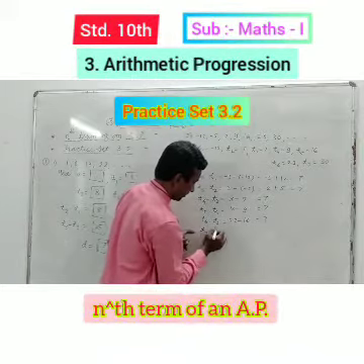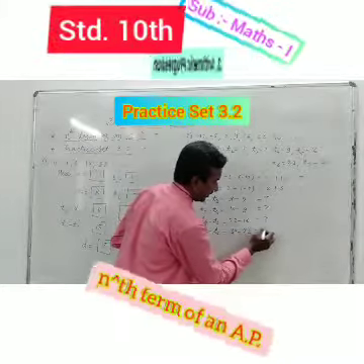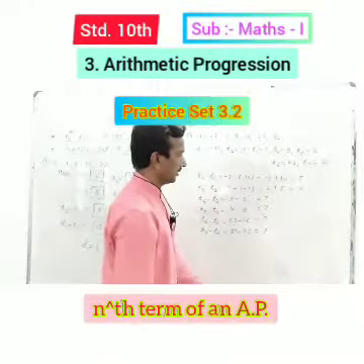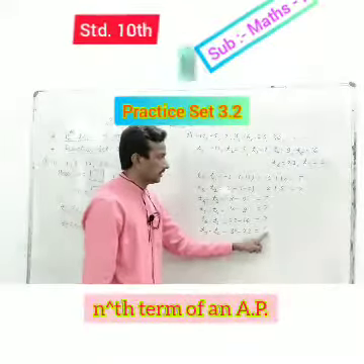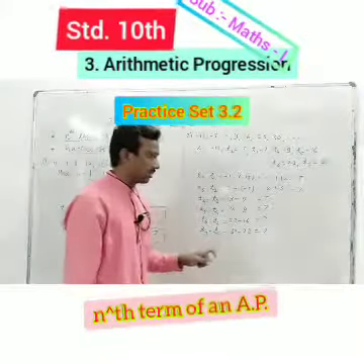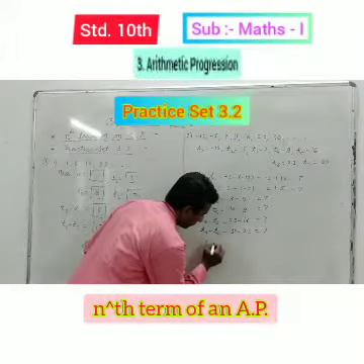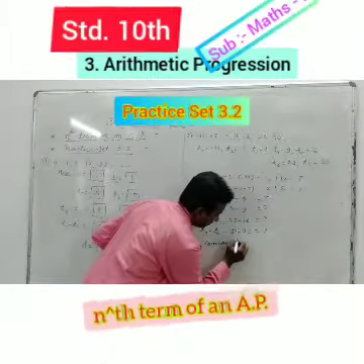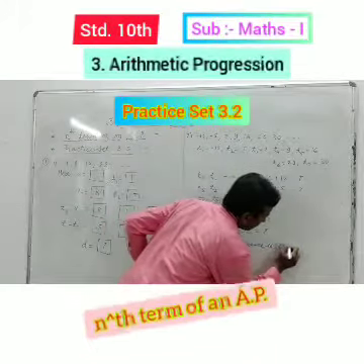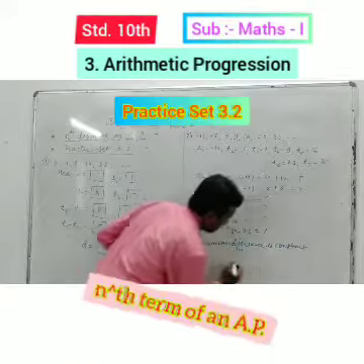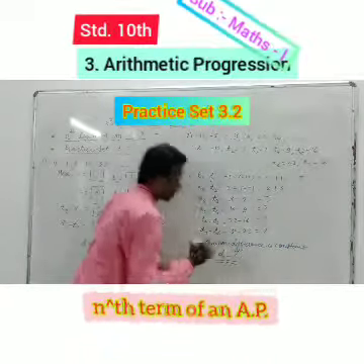And T7 minus T6 is 30 minus 23, also 7. Each time we get the difference between two consecutive terms as 7, so the common difference is constant, therefore D is equal to 7.